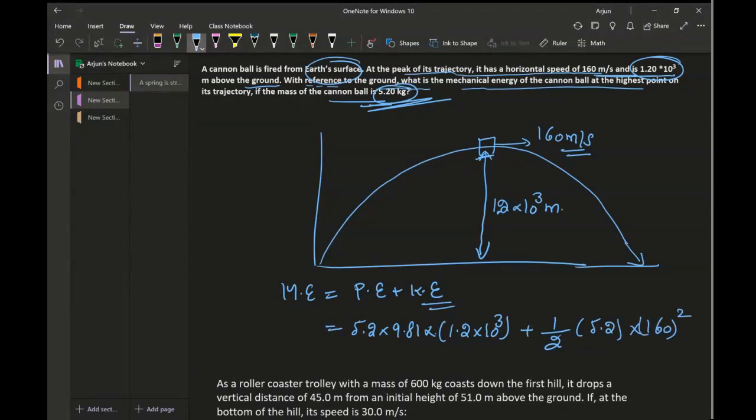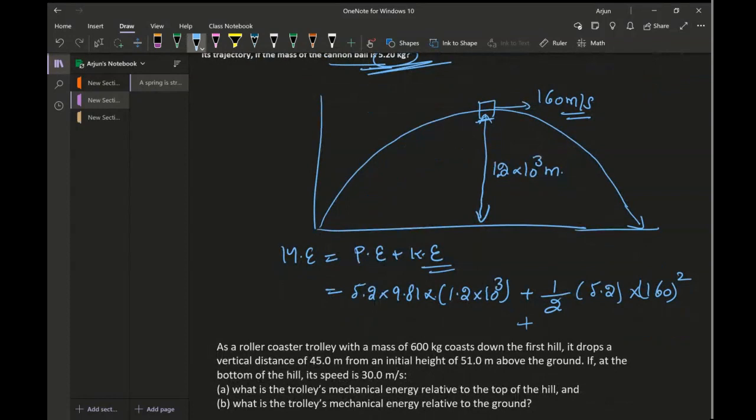I will do that: 160 times 160 times 5.2, divided by 2, that is 2461.54, and 5.2 multiplied by 9.81 multiplied by 1200.